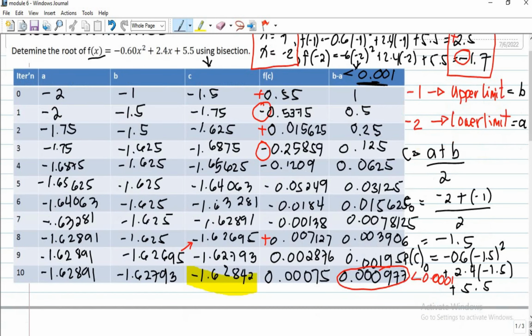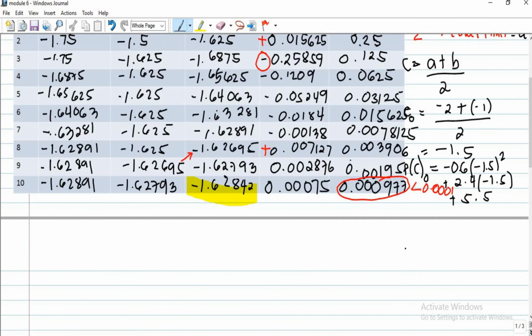So ang aking final answer for this one, my x here, or the root of x now is equal to negative 1.6284. This is now my final answer.